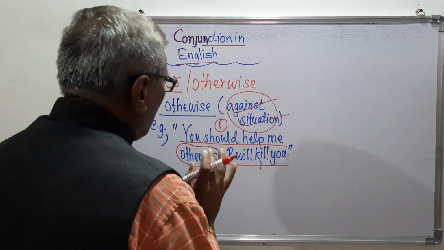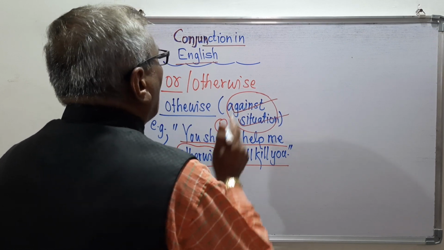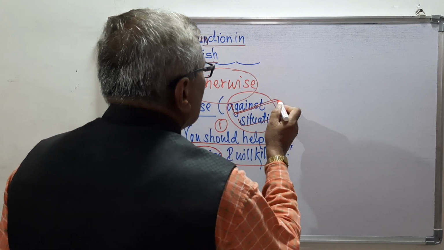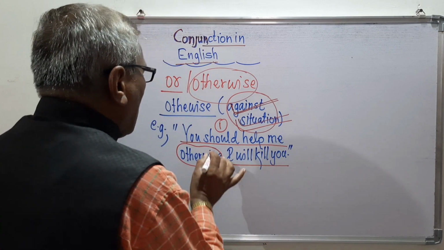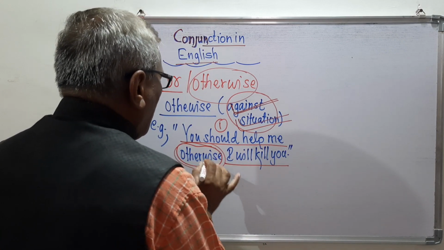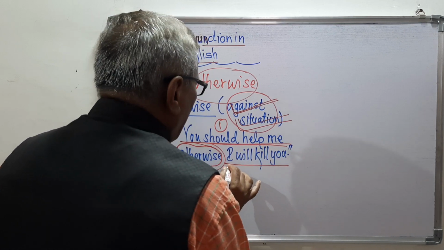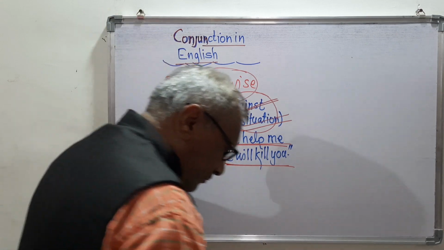Otherwise is the conjunction which shows the against situation, the opposite situation, and the first sentence and the second sentence are joined by this otherwise.